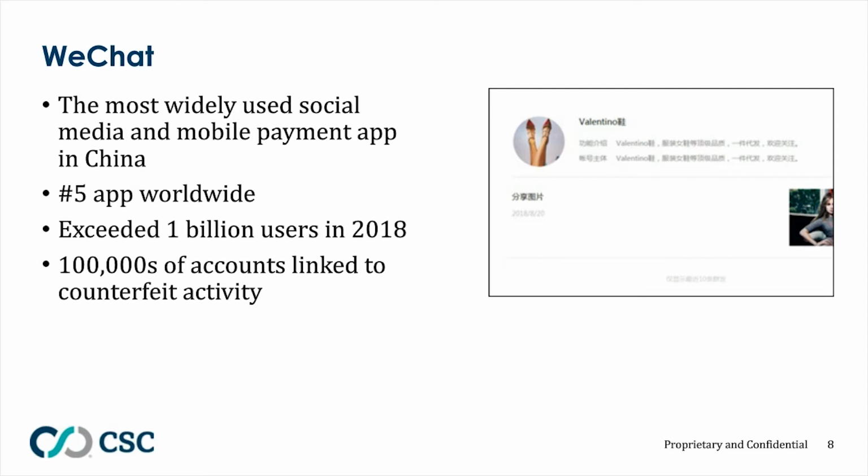It has over 1 billion users, a similar size to Instagram, and it's the number 5 social media channel worldwide. We see an awful lot of counterfeits being traded on WeChat, and it being used as a communications channel. So definitely one to watch if you have a product being impacted by counterfeiting.